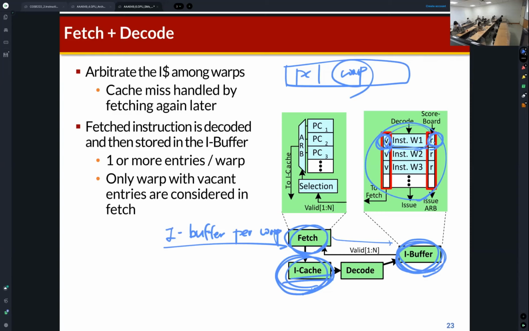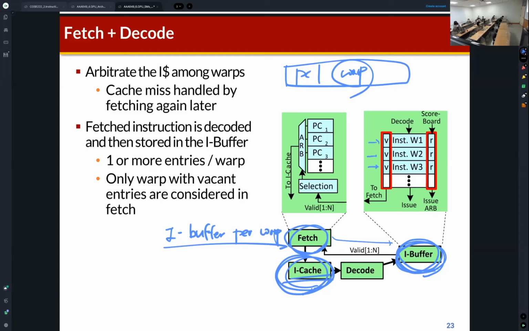The instruction buffer can also have multiple entries, and there is a pointer pointing to the instruction which will be executed by the warp.